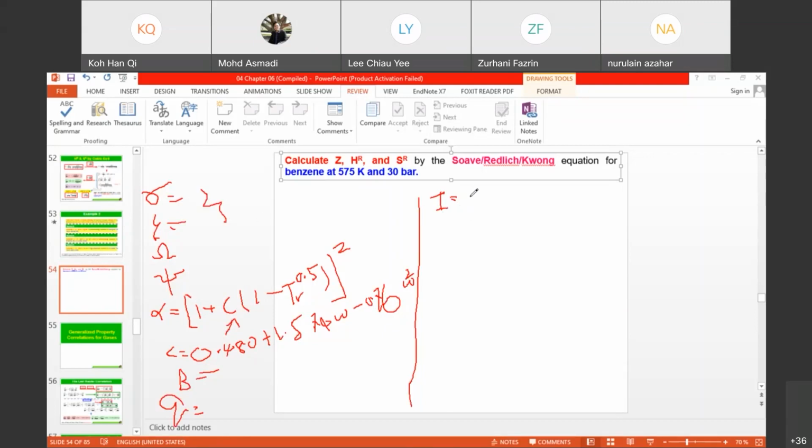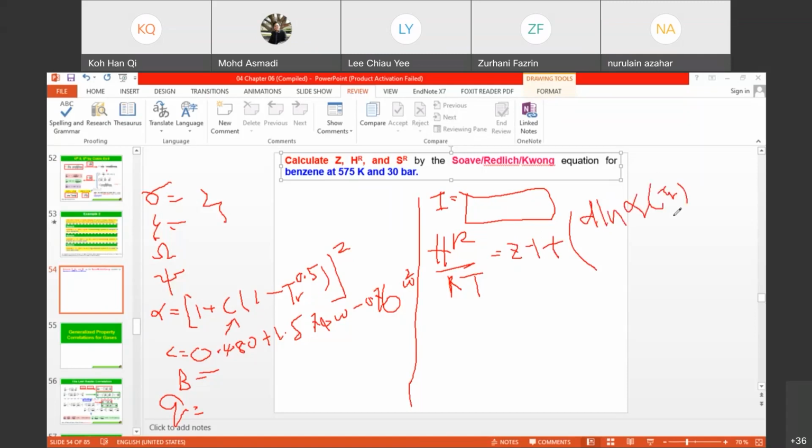And then once you determine I, by the equation HR over RT equals Z minus 1 plus d ln alpha(TR) divided by d ln TR, minus 1, times I.